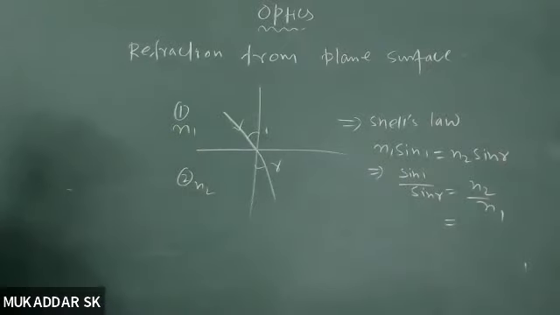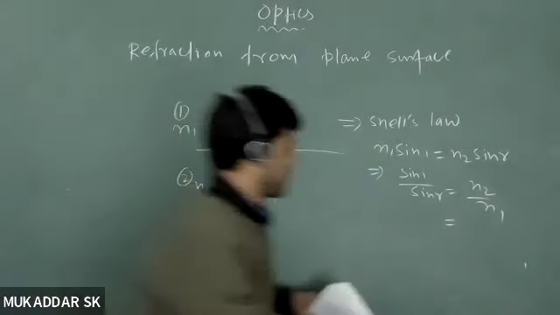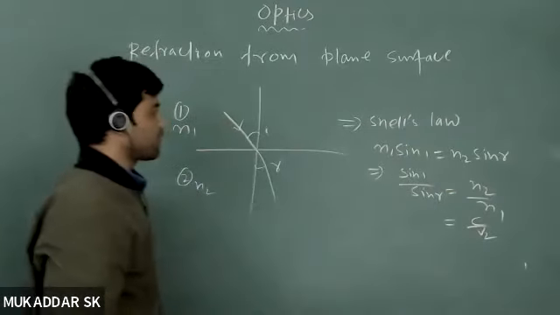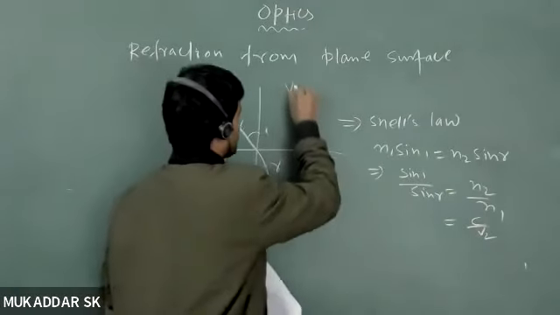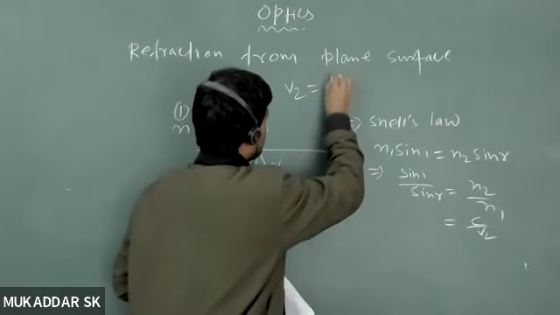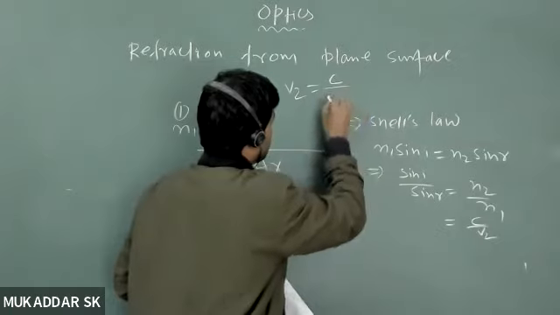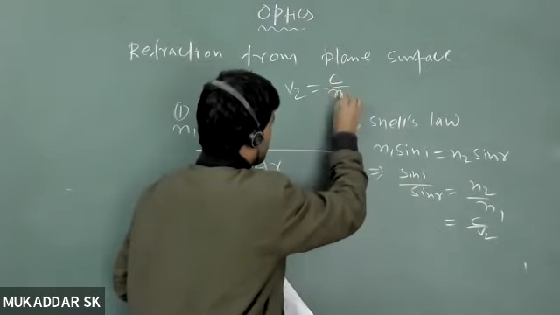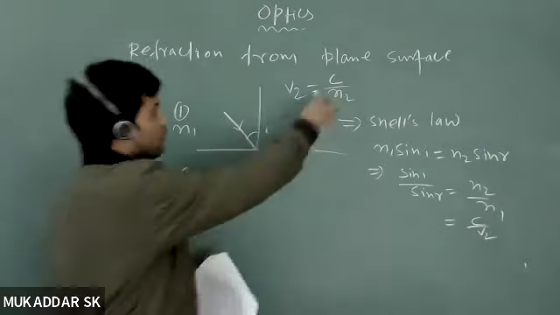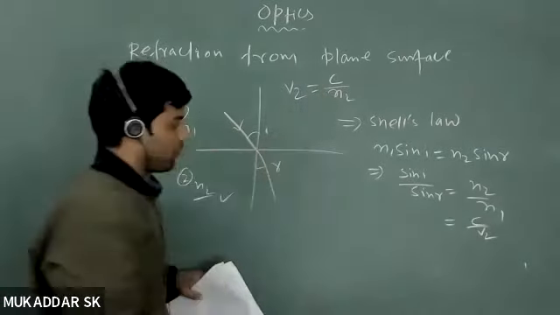Now, in place of n2, can I write c by v2? Because if you remember, v2 is nothing but the velocity of light in medium 2, and that is the speed of light in vacuum divided by the refractive index of medium 2, that is n2. So in place of n2, I can write c divided by v2.